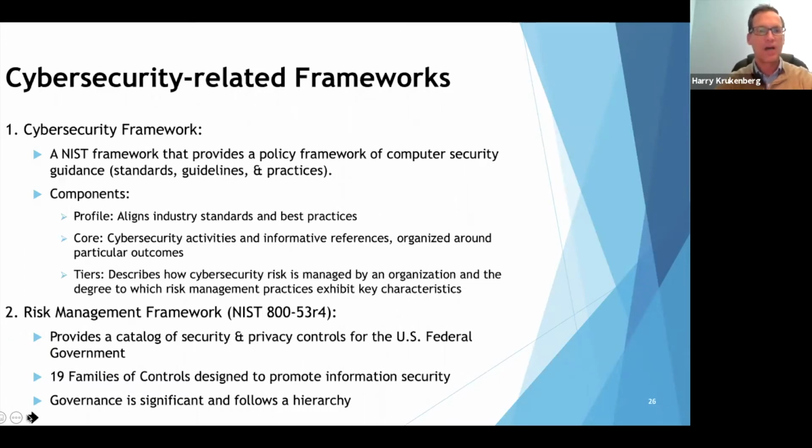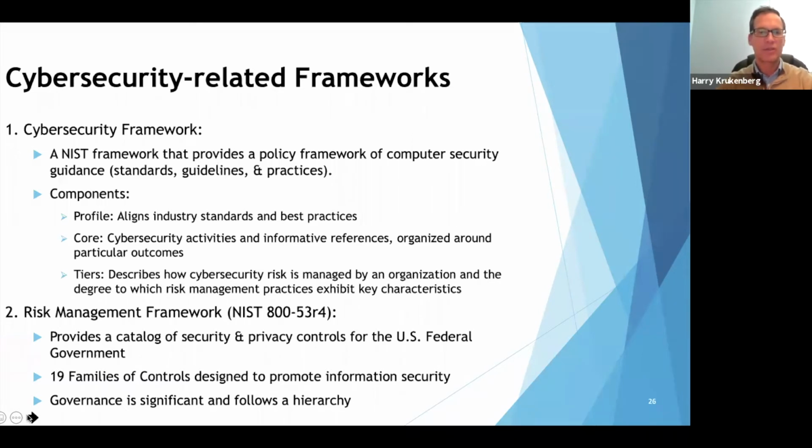And then built off of that is the Risk Management Framework. And this is governed by NIST Special Publication 800-53, currently on revision 4. And 800-53 provides a catalog of security and privacy controls for the federal government.